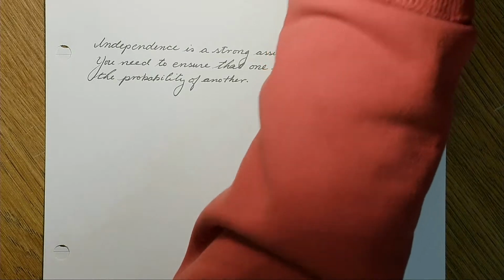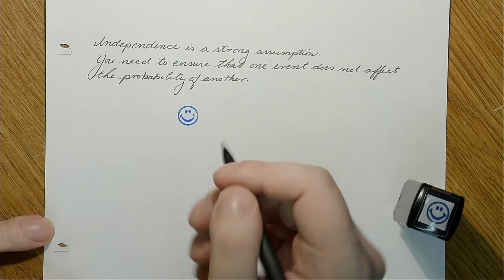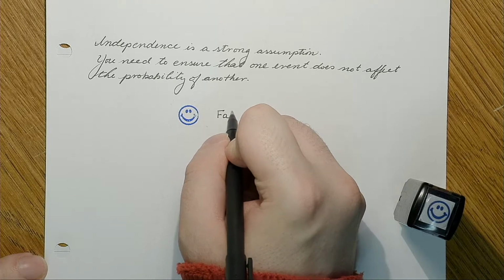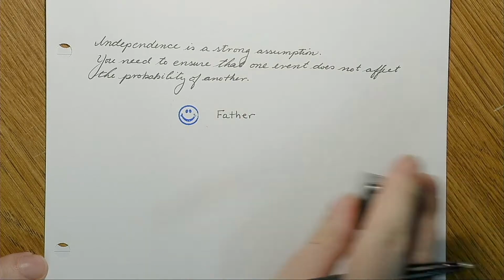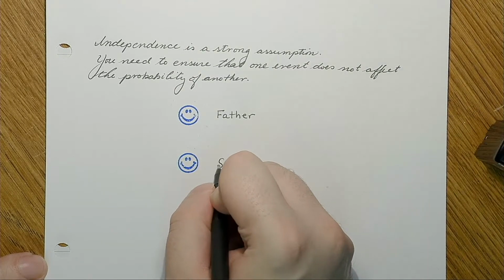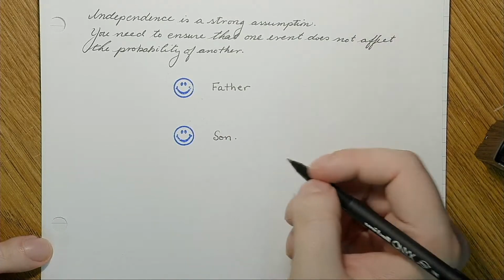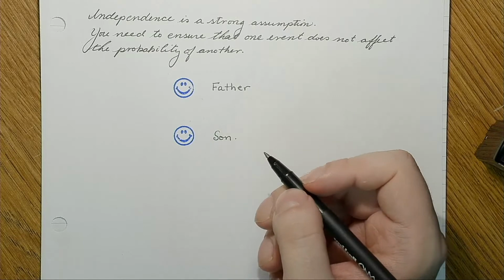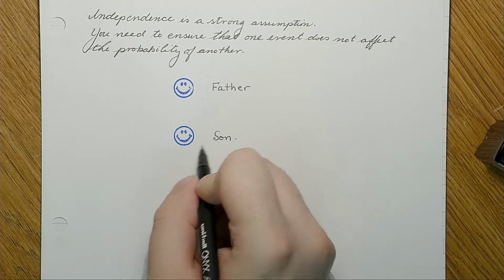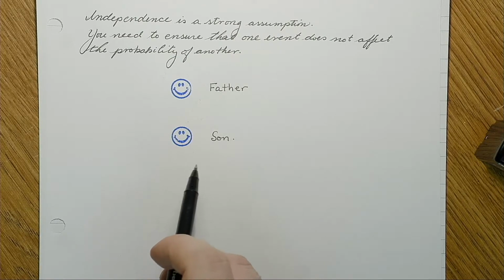So let's say, for instance, there's, say, a father and you have a son. And let's say that there's a certain number that is associated with the likelihood of heart disease.